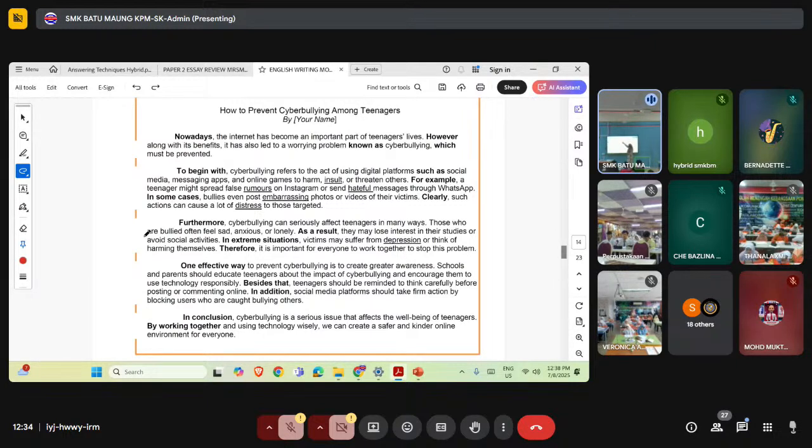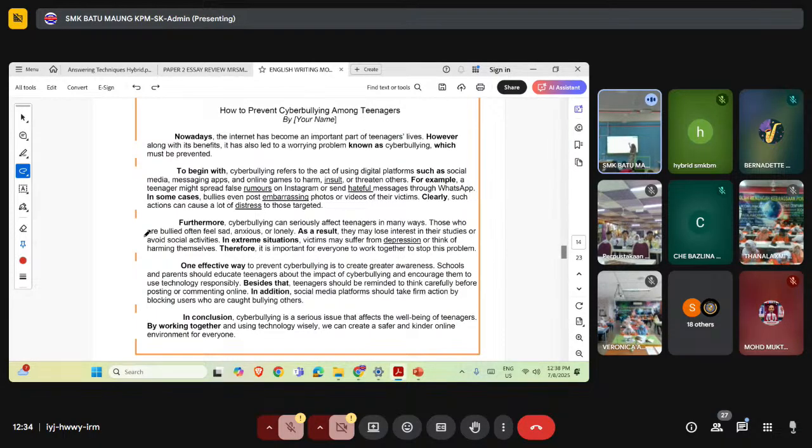Not only does it have benefits, but it can also lead to things that can go wrong if you don't use it properly.